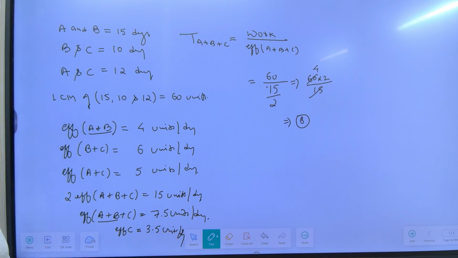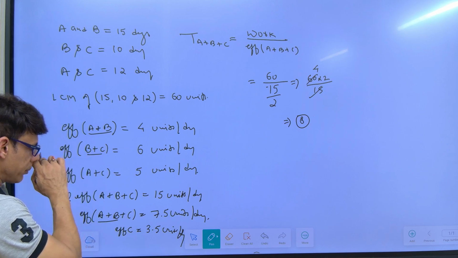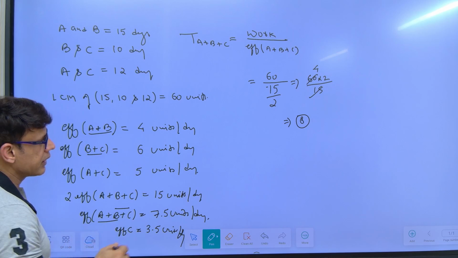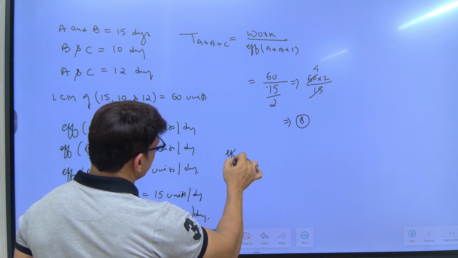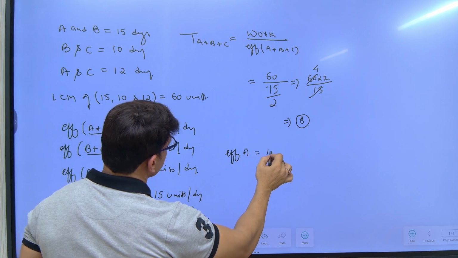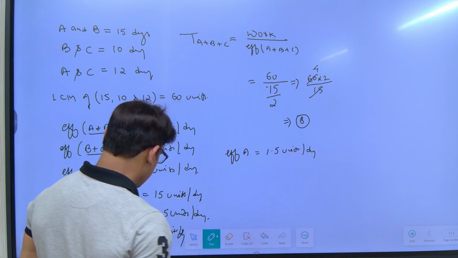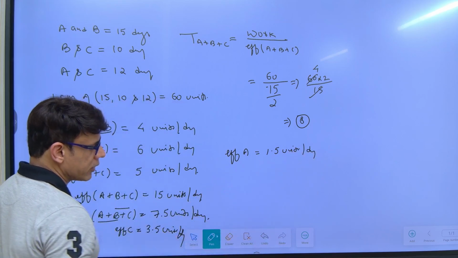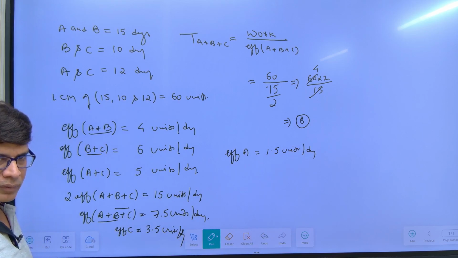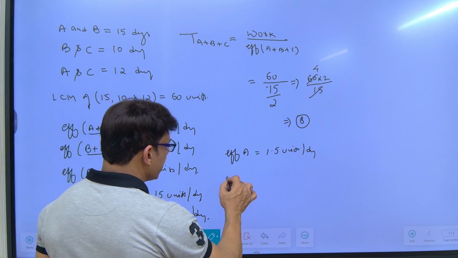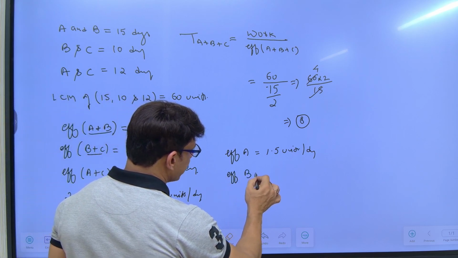Same way, what is the efficiency of B plus C? It is 6, so you'll get the efficiency of A also. What is the efficiency of A? 1.5 units per day. Now this 3.5 and 1.5 is 5, and the total is 7.5, so we'll get the efficiency of B also. What is the efficiency of B?